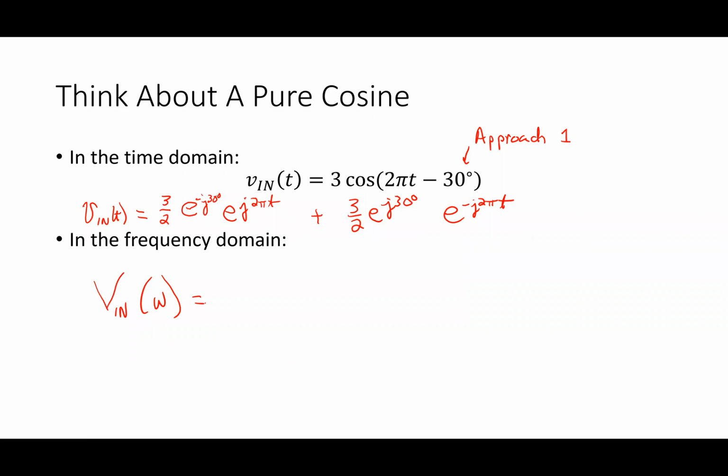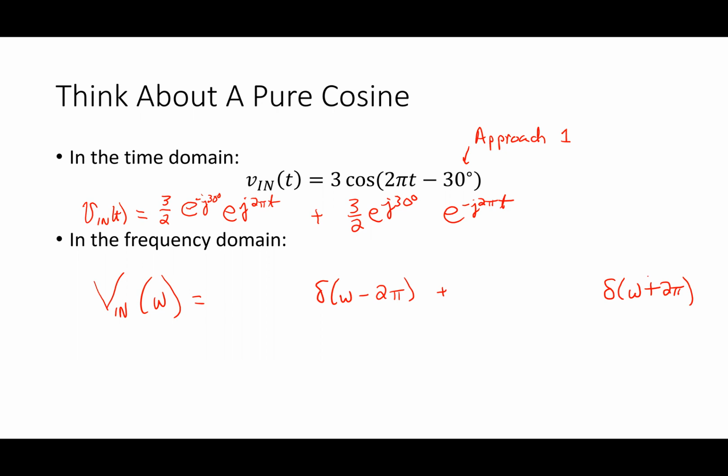Now, what we said last time is I turn this into the Fourier transform. At what frequencies is there information in that signal? What are the two frequencies that have information here? Yeah, 2 pi, and the other one is negative 2 pi. So I have delta of omega minus 2 pi plus a delta of omega plus 2 pi.